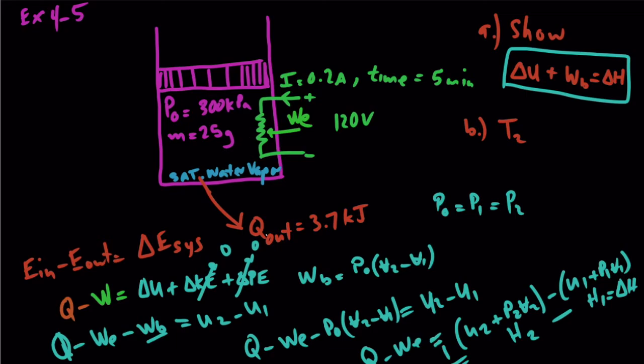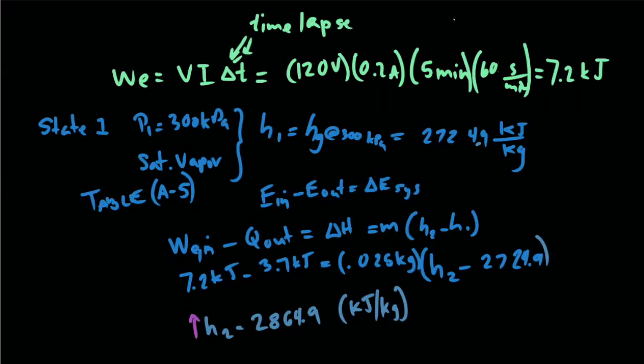Even though we have Q out, we have more going in than coming out, right? We have 3.7 kilojoules coming out and 7.2 kilojoules from the electric work coming in. So we expect a temperature change, and when there's a temperature change, the enthalpy is also going to go up.